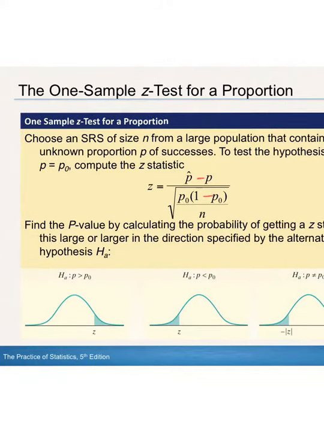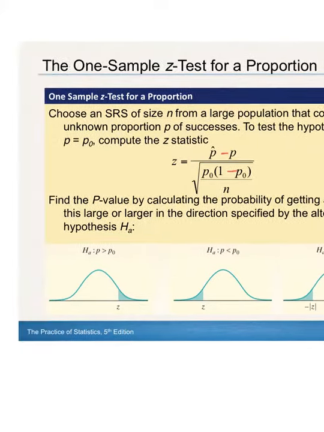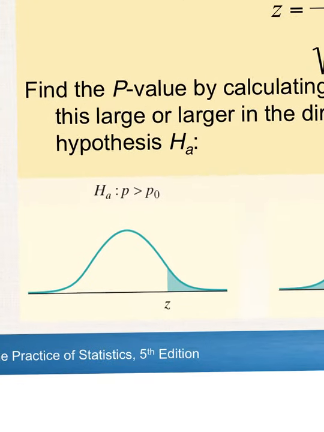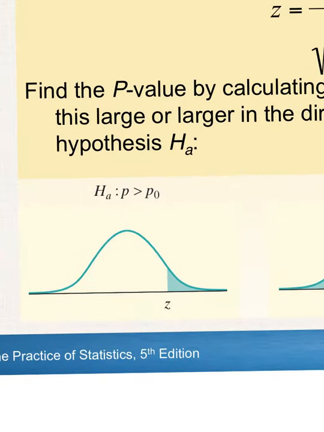Most of the time you're going to be calculating a one-sided test, and here you have what it would look like if you were calculating a test where the proportion was going to be greater than the null, and you're going to be looking at the extreme that way, so you're going to do a 1 minus when you get your probability, unless you're using the calculator.